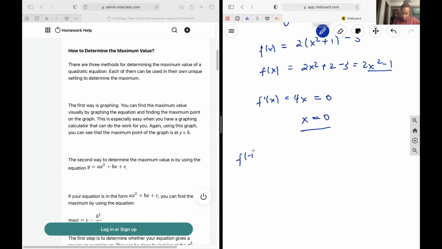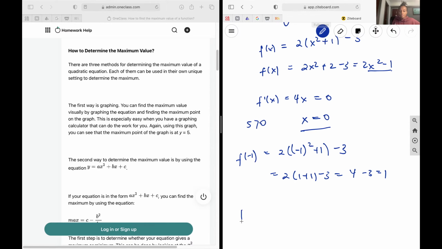So let's try f of minus 1, which will be 2 into minus 1 squared plus 1 minus 3. Then I will get 2 into 1 plus 1 minus 3, which is 4 minus 3, which is 1. So before, my slope is greater than 0.